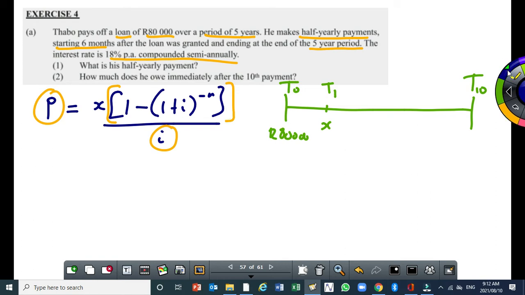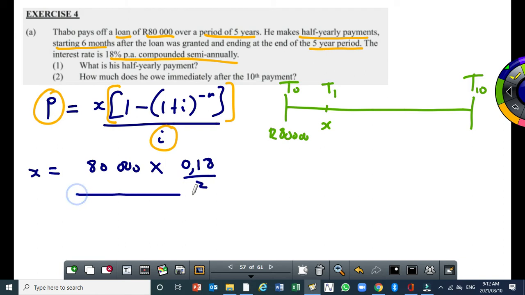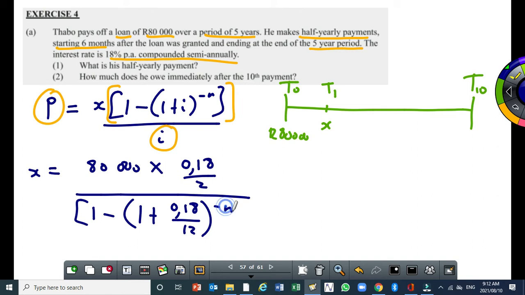So for this question, I can write X will be equal to P, which is 80,000 times I, it's 18% compounded semi-annually, so that's 0.18 over 2. And then that product will divide it by 1 minus 1 plus 0.18 over 12 raised to the power of minus 10.